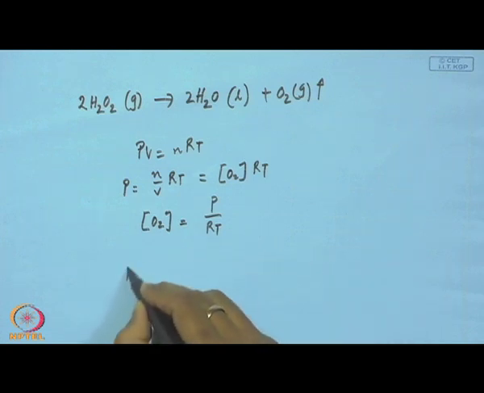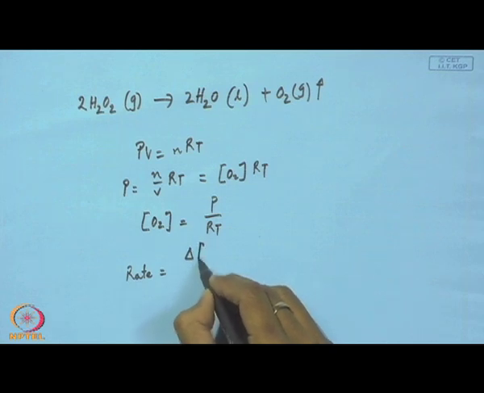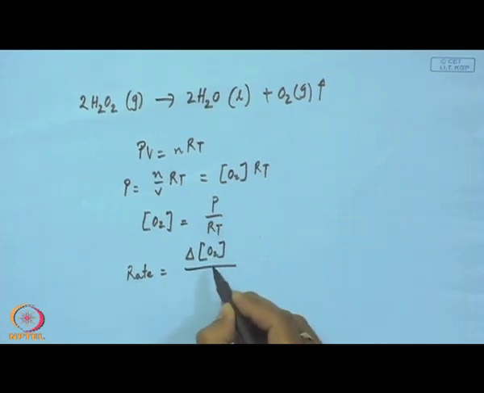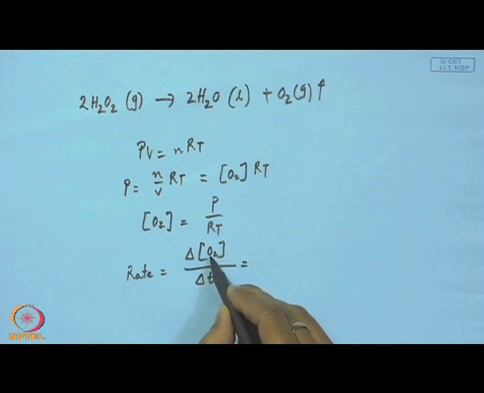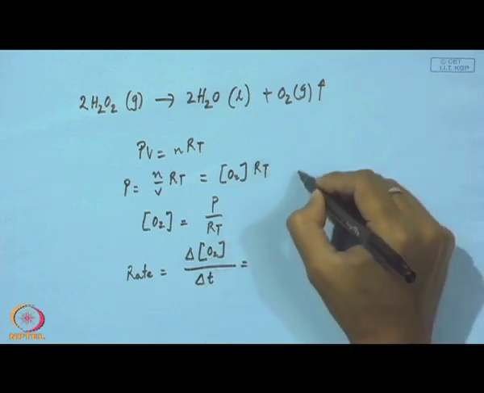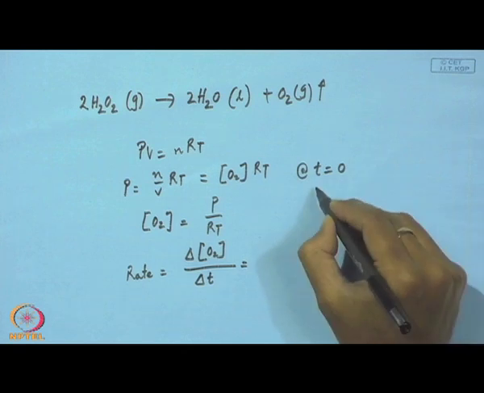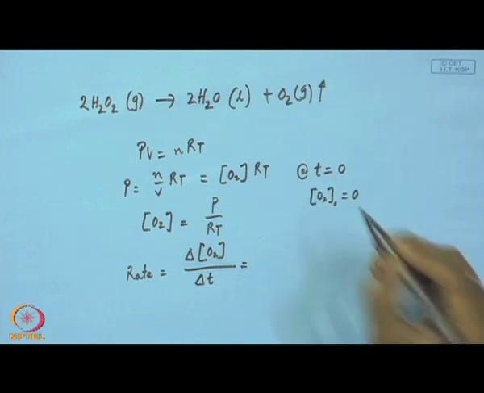So, the rate will be equal to delta of concentration of O2, which is how much change in concentration of O2 there is, divided by delta t. Basically delta O2 is nothing but O2, because at the very start there was no O2. So, at t equal to 0, the concentration of O2 is equal to 0.